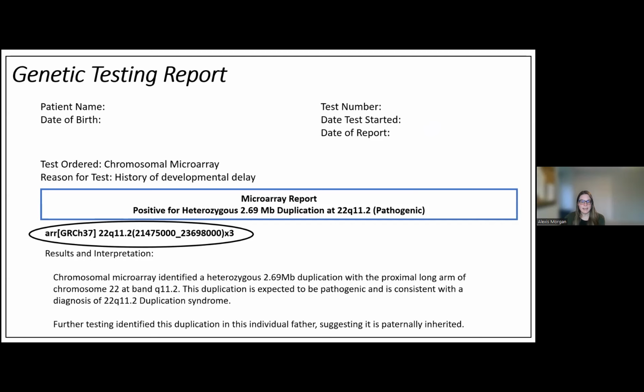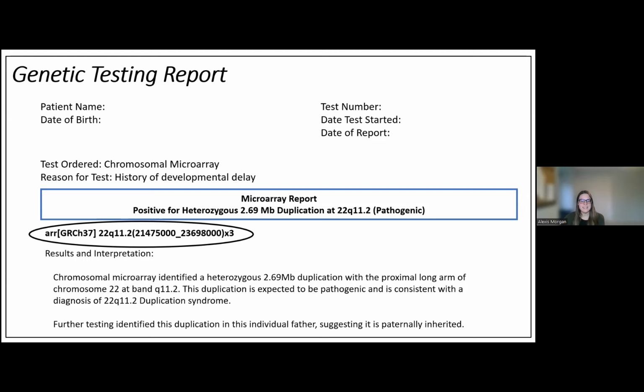Next, you will see an X and a number. This tells you how many times that specific copy number was seen. Typically, a person would have two of these regions, one on each chromosome. But in this example, this is a duplication. So we see this region 3 times. If it's typical for there to be 2 regions, but someone has a deletion, it would say ×1.